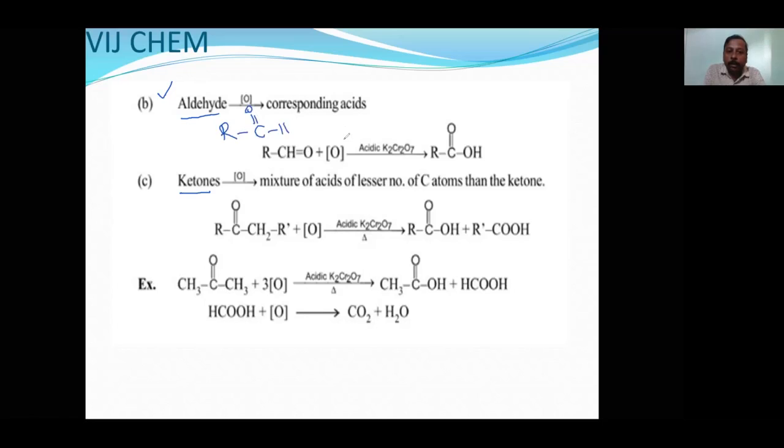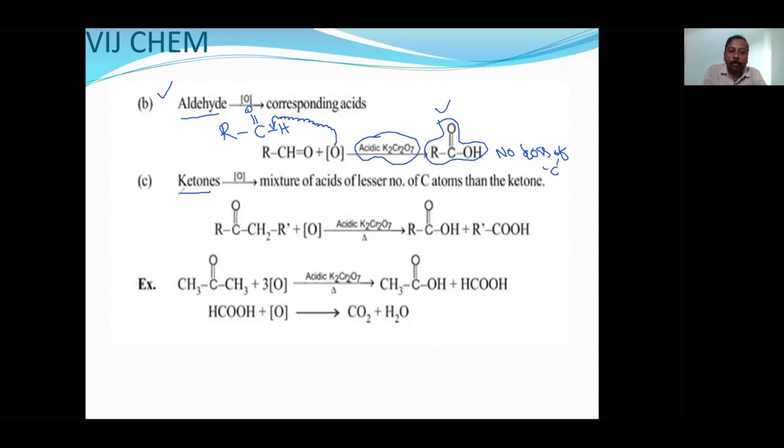Now the acidic K2Cr2O7 will provide the oxygen that will go in here. Now what will it form? RCOOH is formed. So is there any loss here? No loss of carbon. Wherever there is no loss of carbon, that is the best method, easiest method, applicable method.